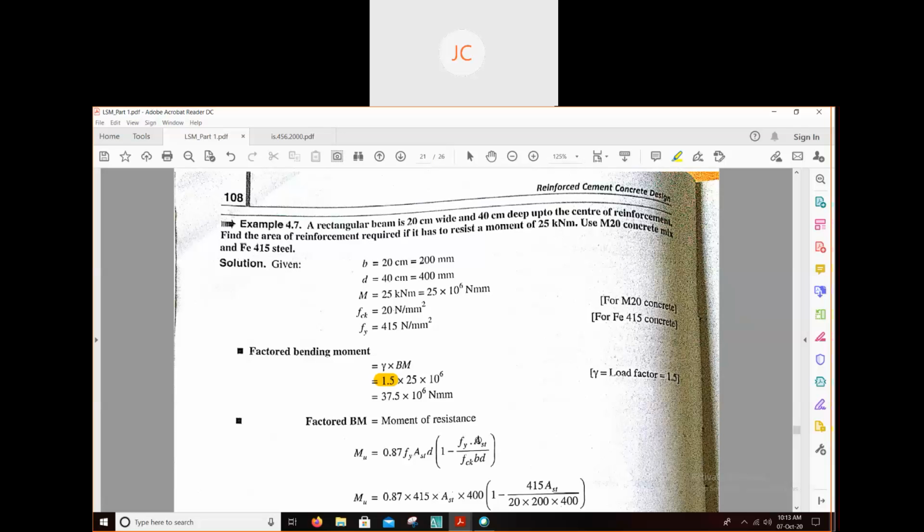No one got the value of AST. Anyone get the answer? Please write down in the chat box.